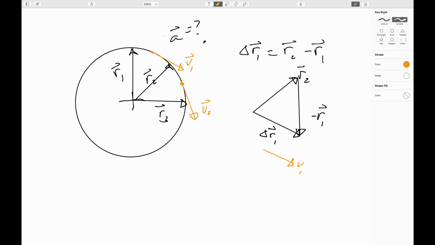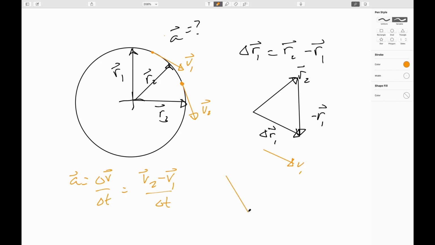So now if I want to find my acceleration, I can go back to the definition. Acceleration is the change in velocity over time. So the change in velocity would be my V2 minus V1 over time. The time will always be positive, so it's just a matter of finding my V2 minus my V1. So let's do that.